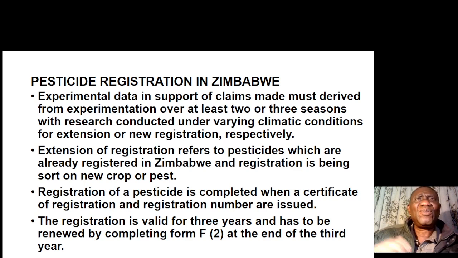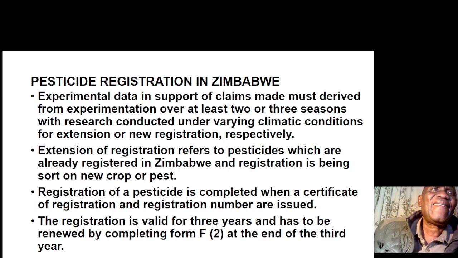Maybe during the use of this pesticide, some new information has been acquired, and the company may want to improve on the registration so that farmers are aware of the spectrum of pests which are controlled by this pesticide. So registration of the pesticide is completed when a certificate of registration and the registration number are issued.